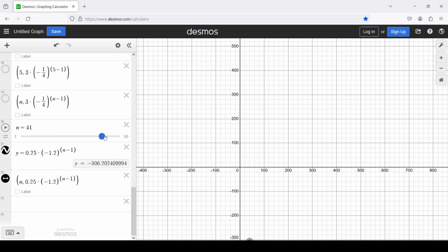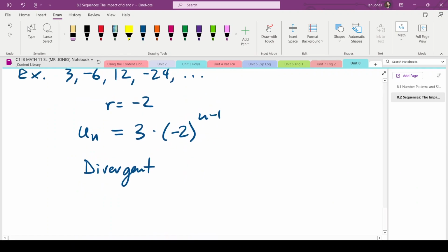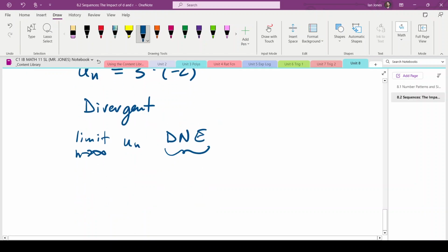But it goes back and forth. So here we say that the limit does not exist. This is divergent because it doesn't settle on a specific value, but we say the limit as n goes to infinity of un does not exist. DNE, common abbreviation for does not exist. Okay?